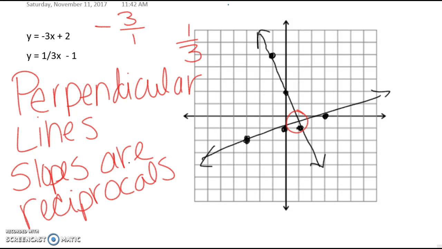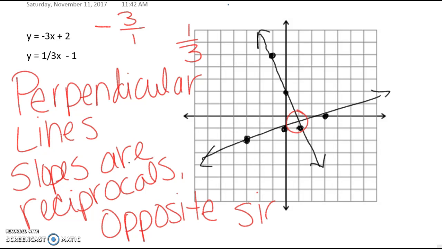And there's another very important factor besides being reciprocals. The slopes are also opposite signs. One of them has to be an increasing slope while the other is a decreasing slope. So sometimes we say that as just opposite reciprocals or negative reciprocals, just meaning that one's positive, one's negative. So those are the rules for having perpendicular lines.